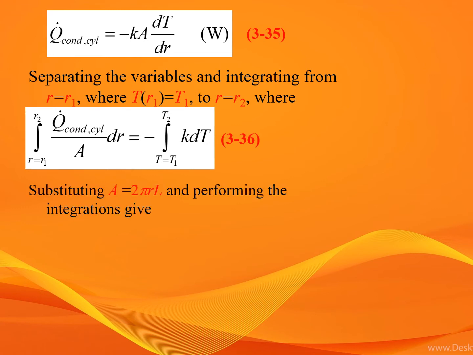Okay, so we need to substitute A equal to 2 pi RL, where the 2 pi RL is the surface area for the cylindrical. Okay, let's integrate together. Let me substitute first the 2 pi RL.